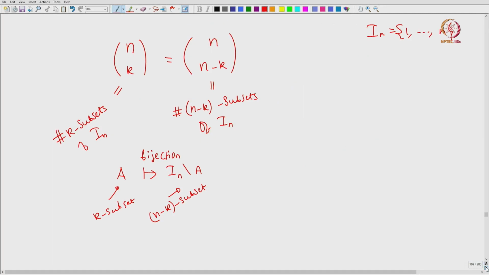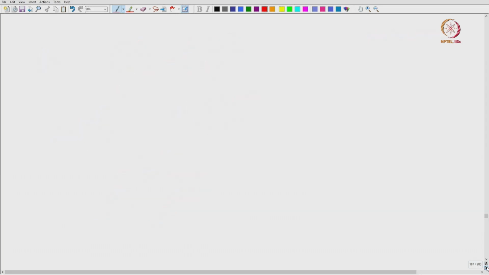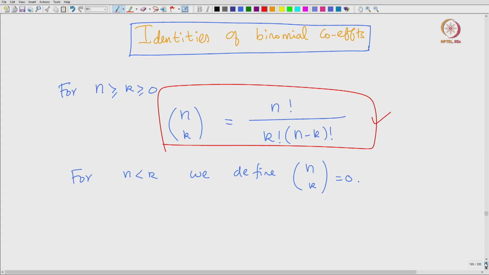Now, the second identity that we are going to see among these binomial coefficients is the Pascal recurrence. The Pascal recurrence can also be proved using counting in two ways, as I already did, but one can also use the formula from the first slide directly.